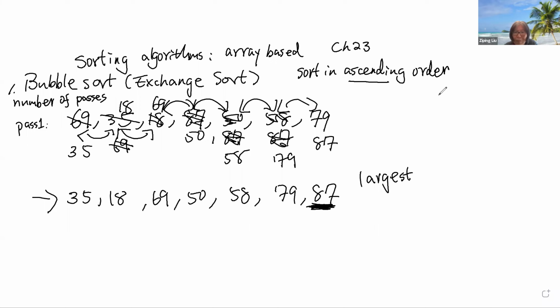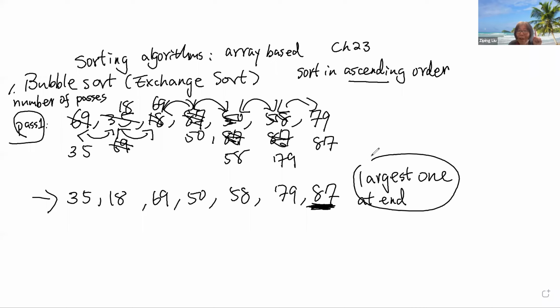Where is the largest one? At the end. Yes, the largest one is at the end. So after the first pass, the largest one is at the end, which means it is already in place.